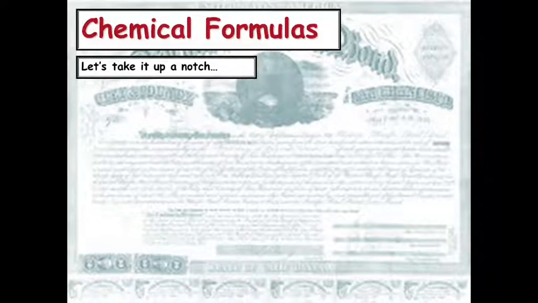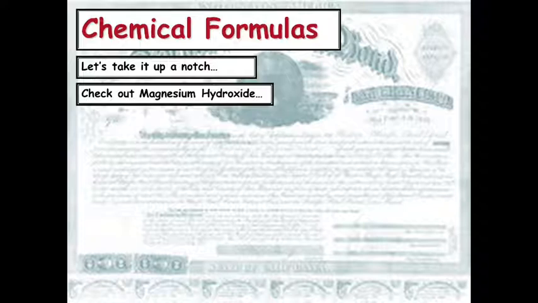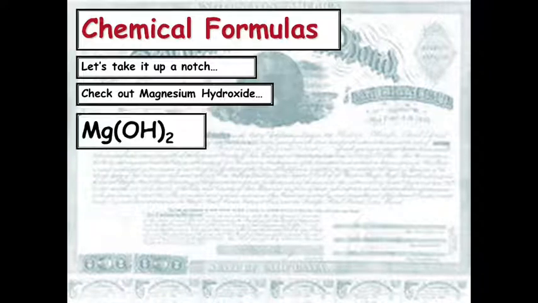Uh-oh. We're going to take it up a notch. This seemed a little bit too easy for you, so we're going to make it a little bit tougher, but not much. Now we're going to have magnesium hydroxide. Now, magnesium hydroxide is a bit more unique because it's going to have parentheses.